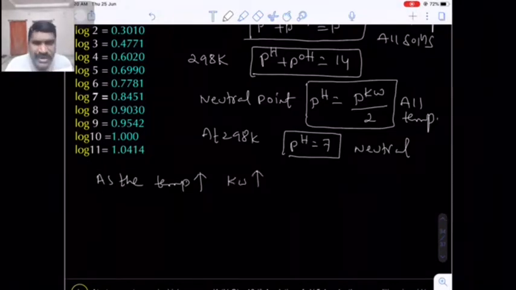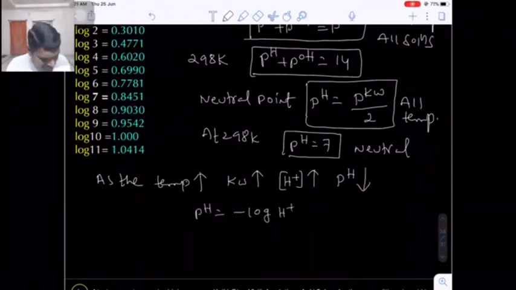When the ionic product of water increases, the square root of Kw also increases, which is nothing but the H plus ion concentration. When the H plus ion concentration increases, what happens to the pH of the solution? It decreases. Why? pH is equal to the negative logarithm of the H plus ion concentration. This is very important. pH and H plus ion concentration are inversely proportional to each other. If the H plus ion concentration increases, the pH of the solution decreases, and vice versa.